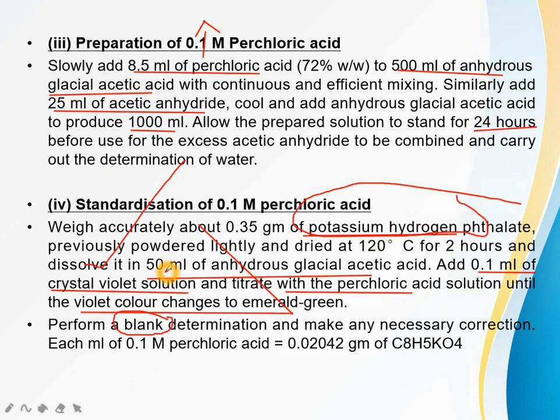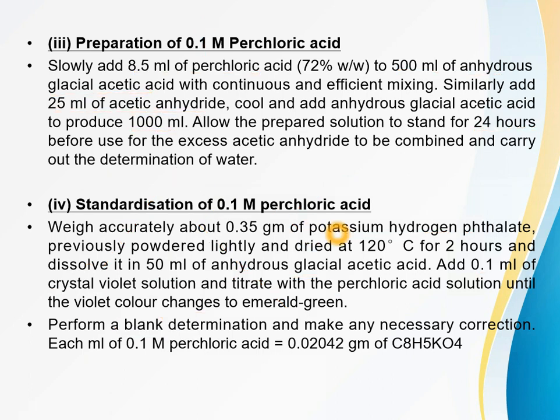That is, you take 50 ml of anhydrous glacial acetic acid and 0.1 ml of crystal violet solution as an indicator, then titrate with the perchloric acid solution and you will get a value. This value and the standardization value are compared and you will get the exact titration value for the standardization of 0.1 molar perchloric acid. To do the calculation, you need the equivalent weight: each ml of 0.1 molar perchloric acid is equal to 0.02042 gram of potassium hydrogen phthalate.